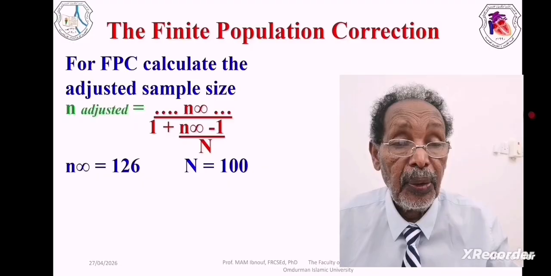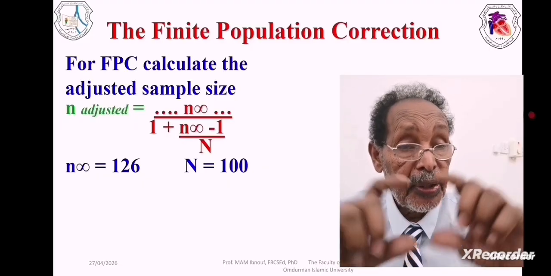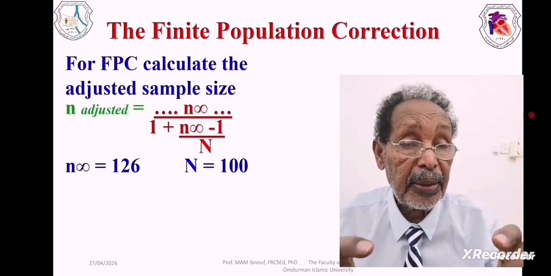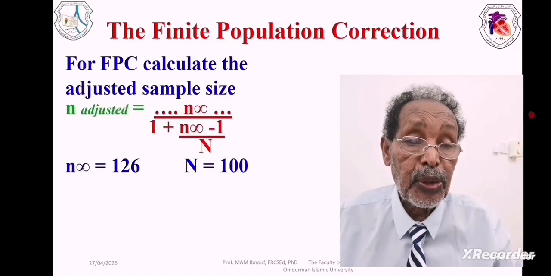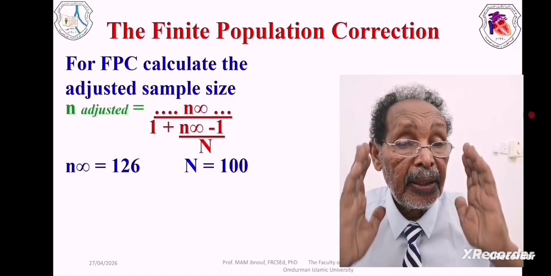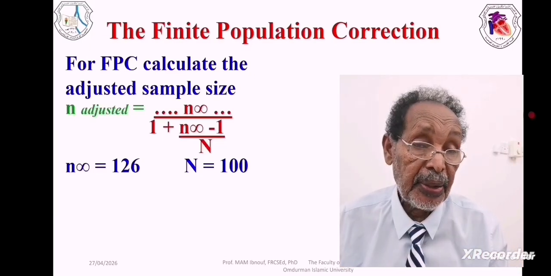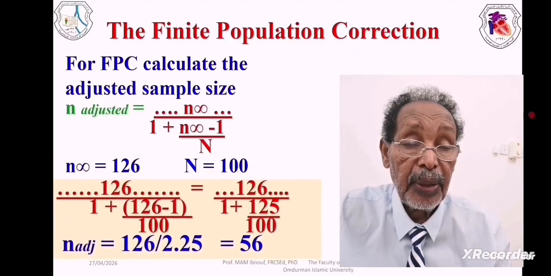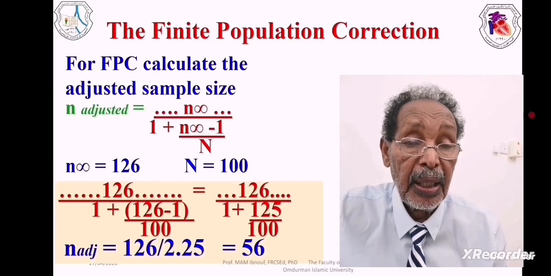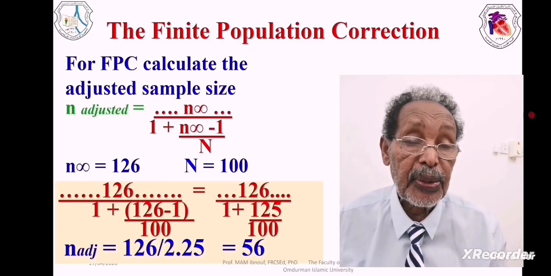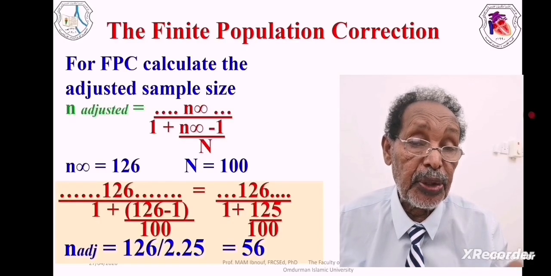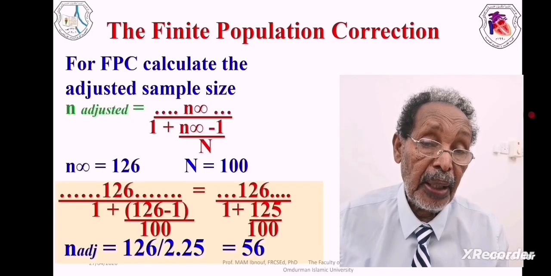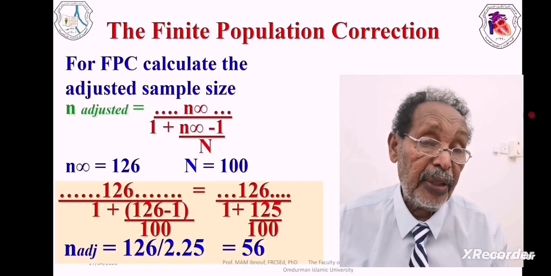We divide it by 1 plus the same number, sample size for infinite population equation, minus 1 divided by the total number in the study, which was 100. And if we replace the figures, it will be like this: 126 divided by 1 plus 126 minus 1, which is 125, divided by 100. 125 divided by 100, it is 1.25.